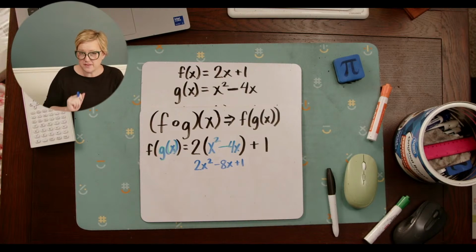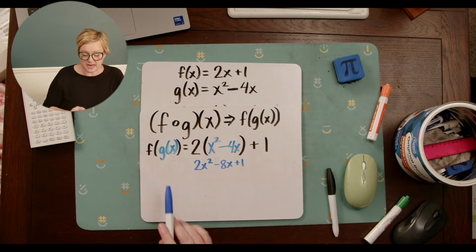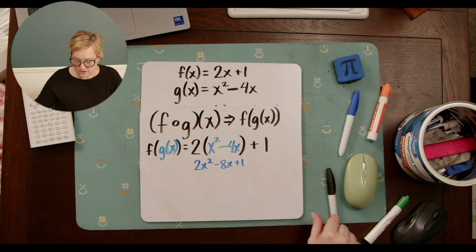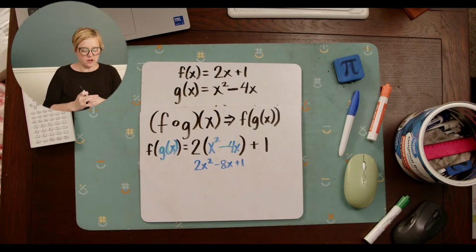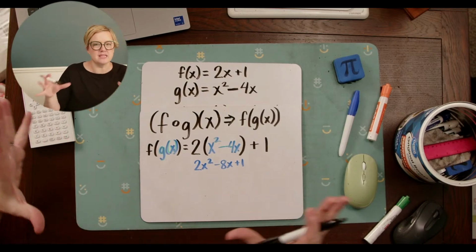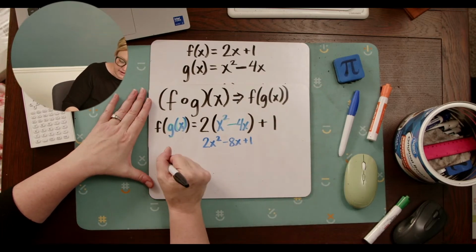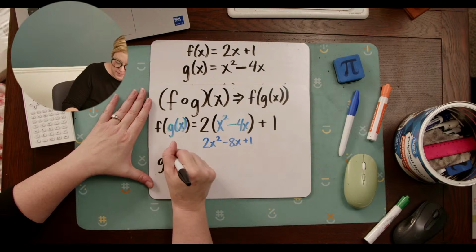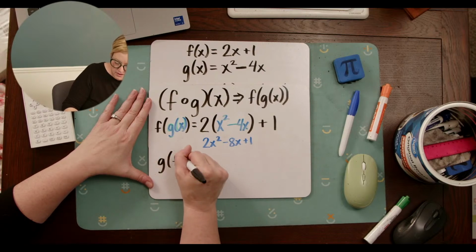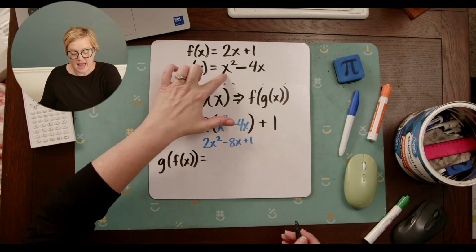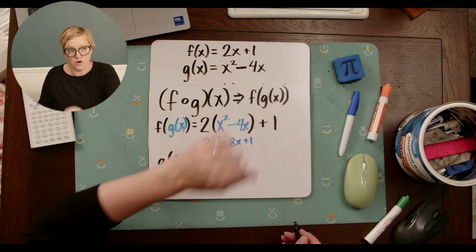Now what if this were reversed? If I did g of f of x, the rule doesn't change, but it gets a little bit more complicated just because the functions are what they are. So if I did g of f of x, now g of x is x squared minus 4x.